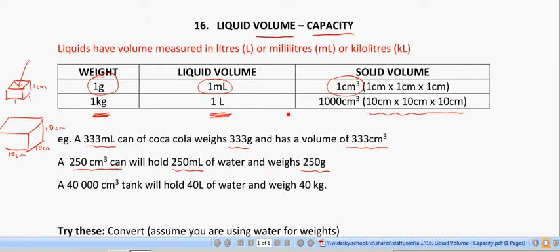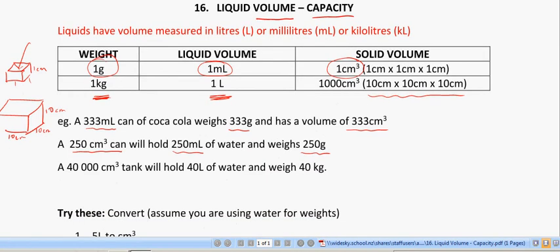And let's look at the larger one. A 40,000 centimetre cubed tank, so 1,000 centimetres cubed is 1 litre, so a 40,000 centimetre cubed tank will hold 40 litres and it will weigh 40 kilograms. So let's see if we can do some of these conversions.